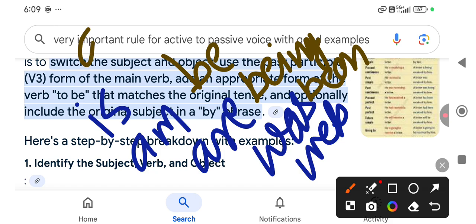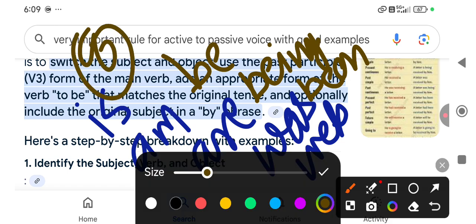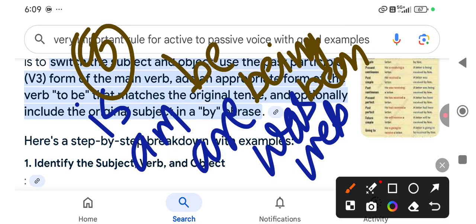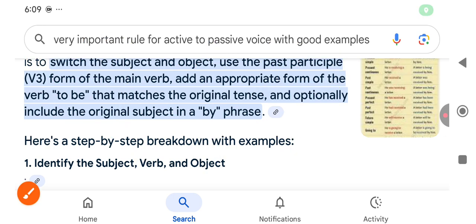These 8 are to be verbs, right? This is called to be verbs. So please take care. Different forms of to be are 8. So please take care. Okay.